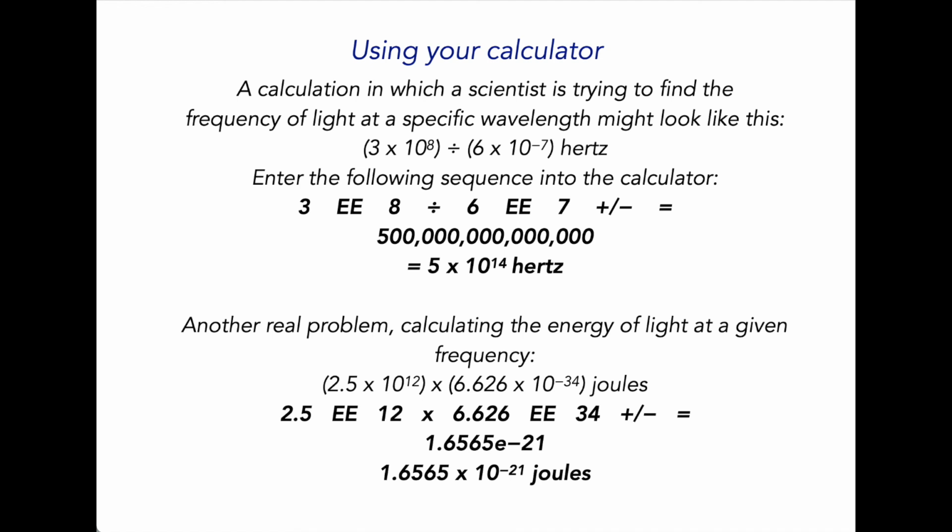So we will enter 2.5 exponent 12 times 6.626 exponent 34 plus or minus equals, and the calculator will give us the answer in scientific format: 1.6565e to the negative 21, which we can write as 1.6565 times 10 to the negative 21 joules.